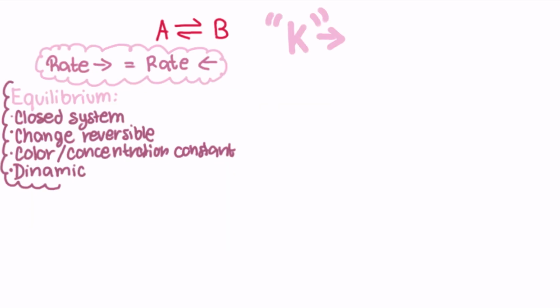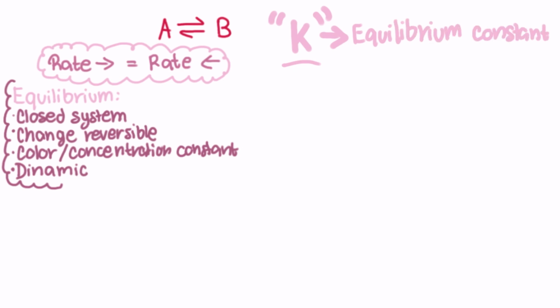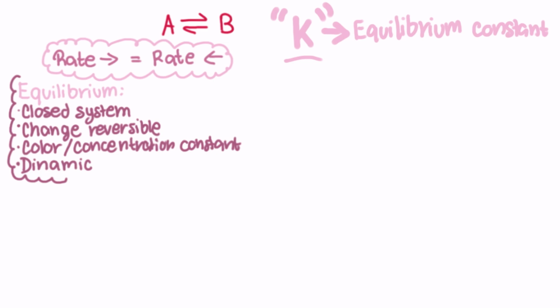Whenever you see a reaction at equilibrium, there will be a K. K is our equilibrium constant. So what does K tell you? K will tell you what your reaction prefers, whether it prefers products or reactants. This means whether it prefers to go forward or backward.